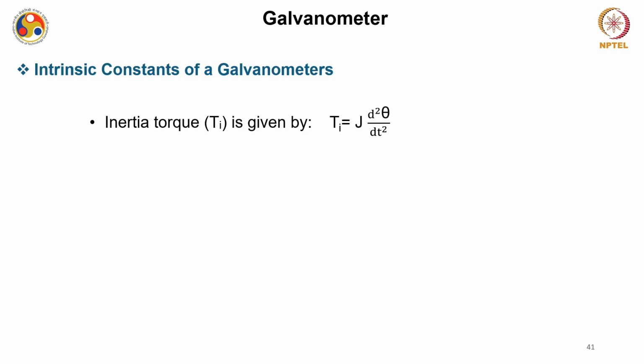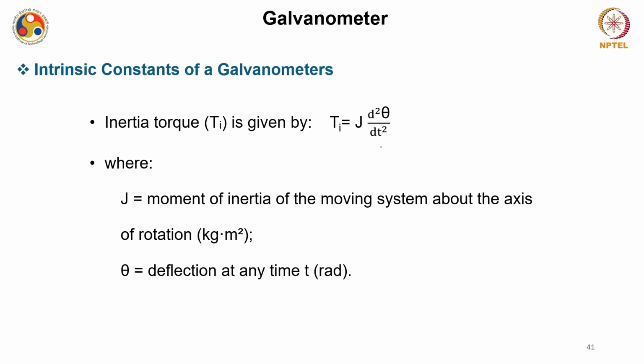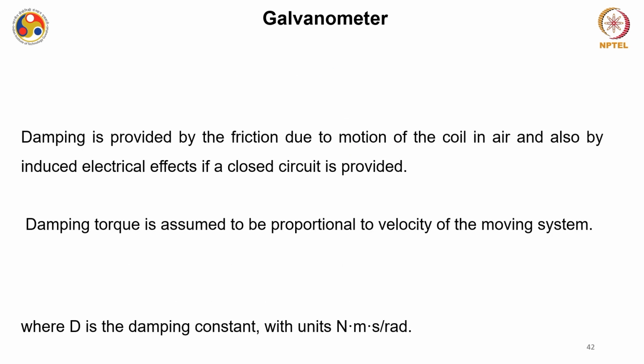Mathematically, the inertial torque can be given as Ti equal to J into d2 theta by dt square, where J is the moment of inertia of the moving system about the axis of rotation. Theta is the deflection at any time t, with theta in radians, and this J value is called the inertia constant of the galvanometer. These intrinsic constants we may have to recall at any time.